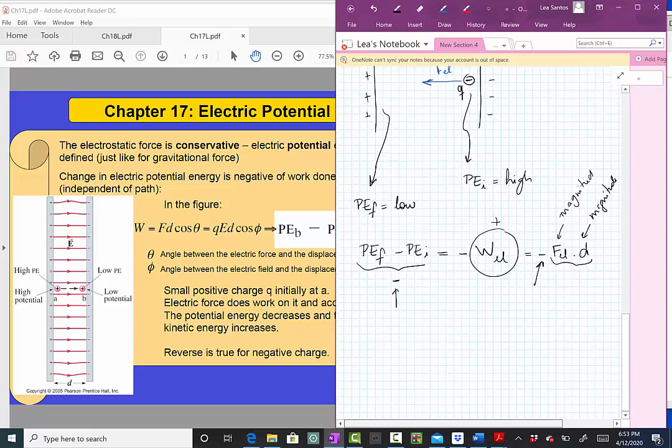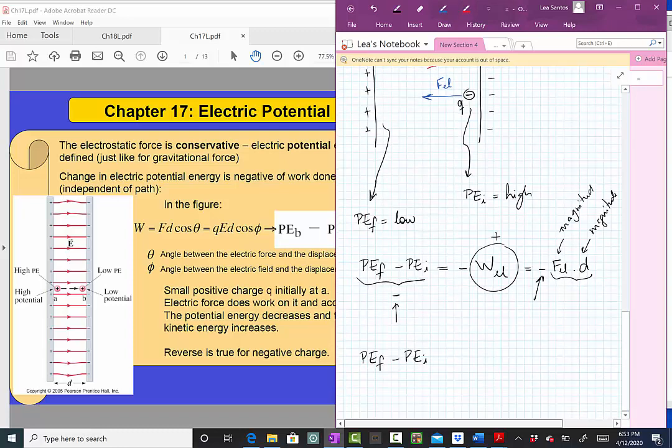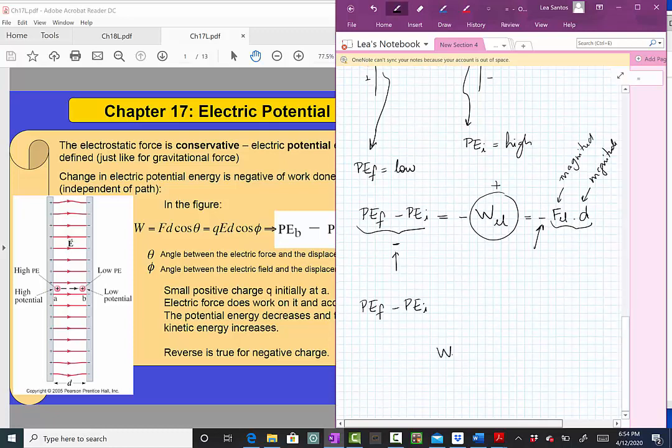Now how am I going to write this in terms of the electric field? Well, the electric field, remember, always goes from positive to negative charge. So this is the direction of the electric field. Our negative charge is moving opposite to the direction of the electric field. So when we are writing the work, which is positive, the work is, as we said, force multiplied by the displacement.